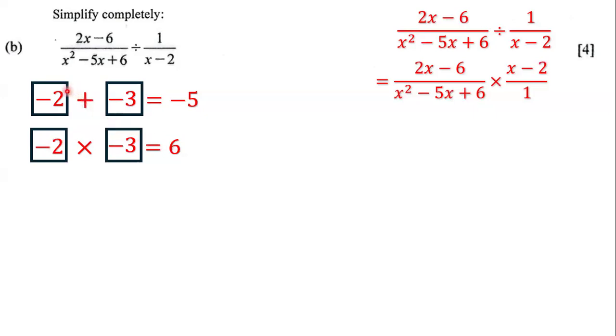So we take -5x and split it into two parts: -5x can be expressed as -2x minus 3x, because if you combine them, you get -5x. And so that makes this expression equal to this expression.